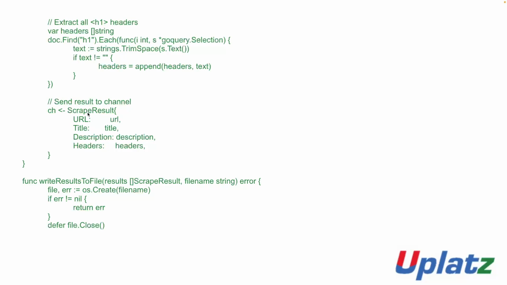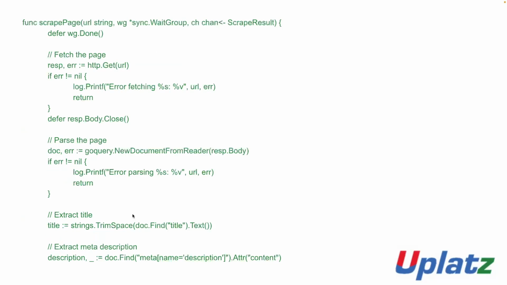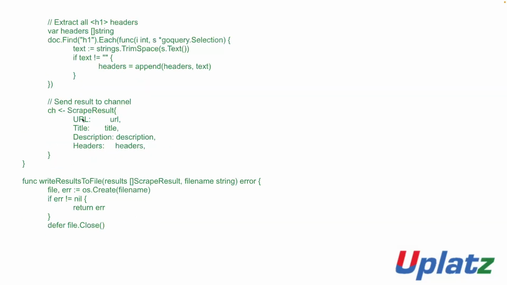Now we use another type, ScrapeResult. This is a structure we have defined before. ScrapeResult has URL as url, Title as title, Description as description, and Headers, that is a header slice. Okay, stored here, and this is stored into this channel.